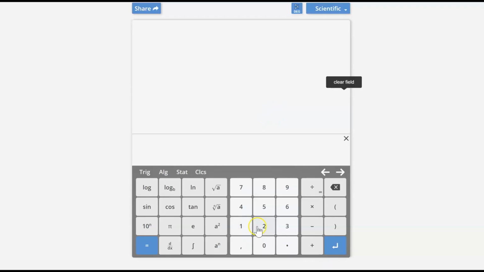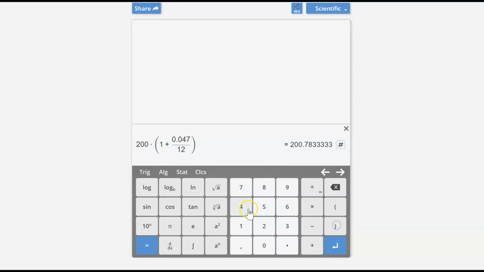So let's go ahead and plug this into a class calc. This is the calculator that will be available to you during your test. So 200 times quantity 1 plus 0.047, that's the rate, divided by the number of compounding periods, which is 12, parenthesis, raise this to, so this is for the exponent, 20 times, that's the number of years, times the compounding period, which is 12.